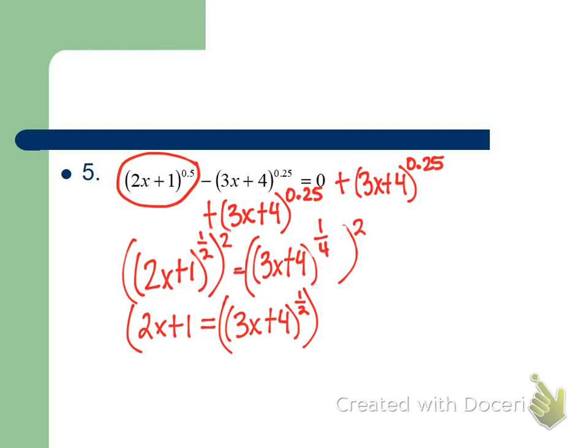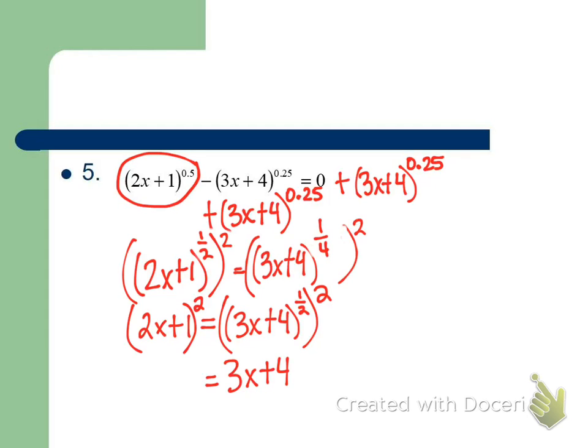We're going to raise both sides to the second power, or square both sides. We have to get rid of all the fraction exponents the whole way through. Okay, so now on the right-hand side, what is that going to leave me with? The right-hand side, 3x plus 4.